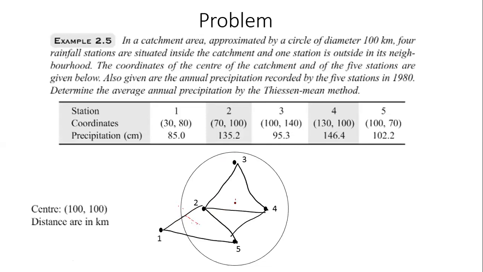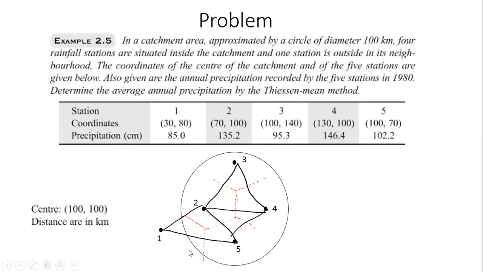Let me draw a perpendicular bisector here. Another perpendicular bisector here. Maybe I've drawn them incorrectly, but bear with me. Maybe I've done a bad job of drawing the triangles.